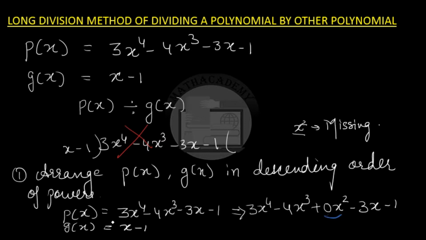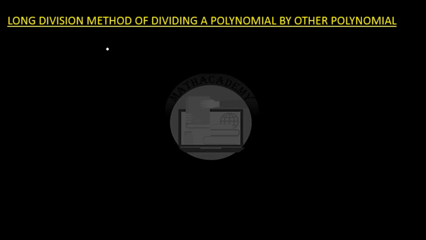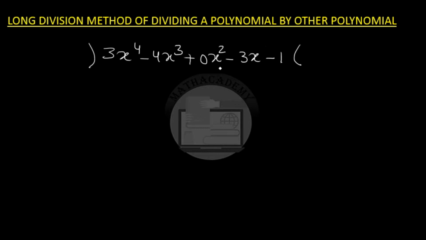Now let us divide it the same way as we have learnt in the previous video. P of x has become 3x to the power 4 minus 4x cube plus 0 times x square minus 3x minus 1, and we have to divide this by x minus 1. So we take all the steps which we have learned.